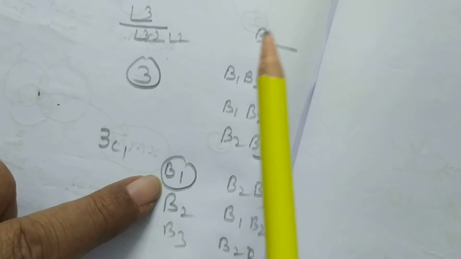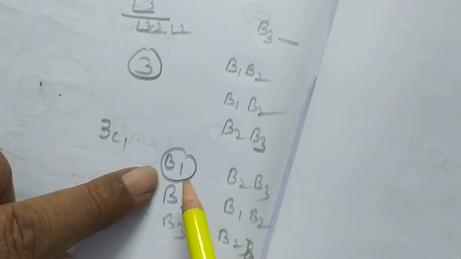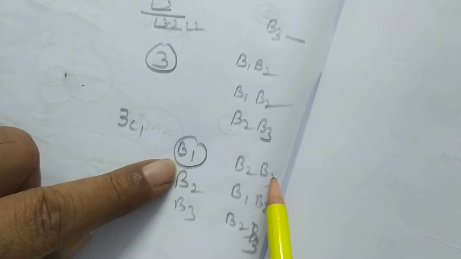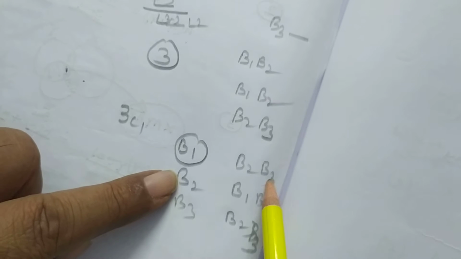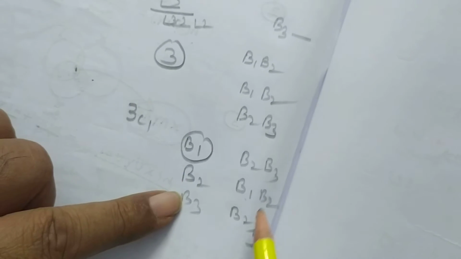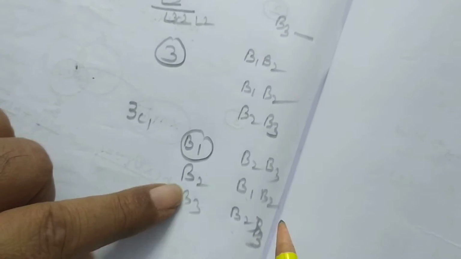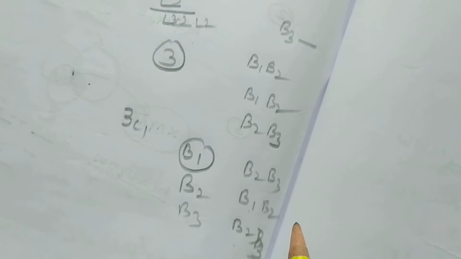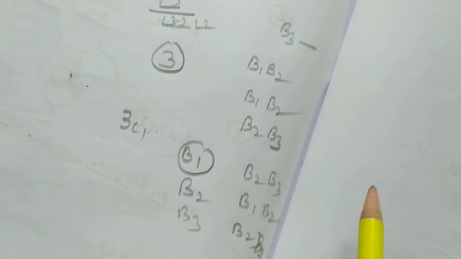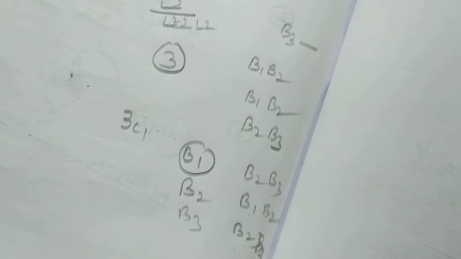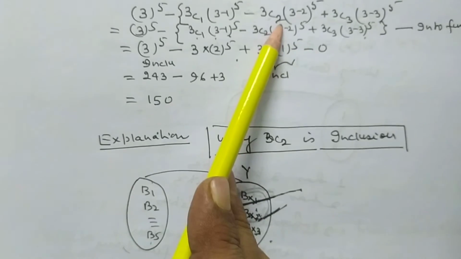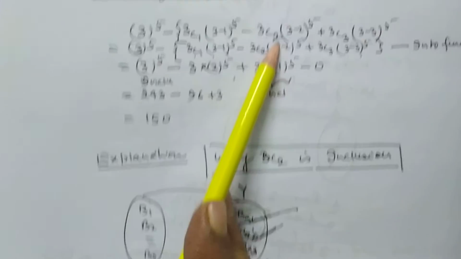Now if we select 2, then it will be b2 b3, it will be b1 b2, it will be b2 b3. So it comes 2 times. So to make it equal, make it balance, we here subtract. We take a case of 3c2 with negative sign.